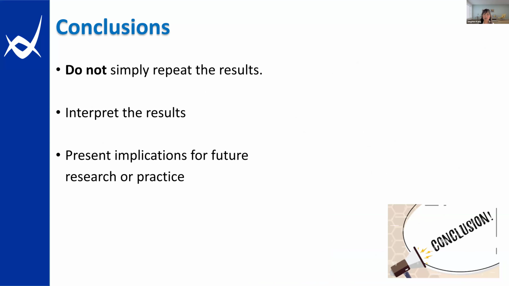And in conclusion, do not simply repeat the result, as I mentioned a little bit earlier, right? In the conclusion, you need to say what the message is from these findings. So you need to interpret your results, and you also present implications for future research or practice, like research implications, educational implications, or clinical implications, right? That would be great.